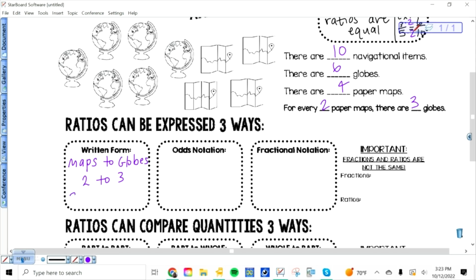Or even something like 2 for every 3. Or we can write it in what's called odds notation. So it looks like this, 2:3. And you read it the same way, 2 to 3.